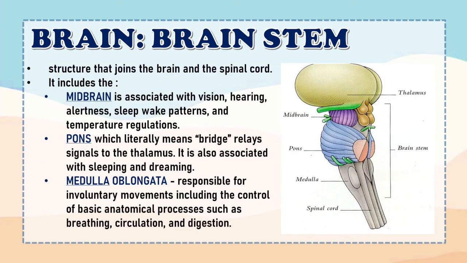Okay, so next we have the third part of the brain, which is the brainstem. The brainstem is a structure that joins the brain and the spinal cord. It includes the midbrain, which is associated with vision, hearing, alertness, sleep-wake patterns, and temperature regulation, while the pons, which literally means bridge, relays signals to the thalamus.